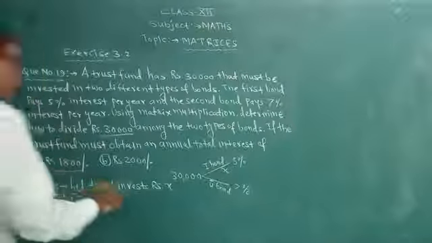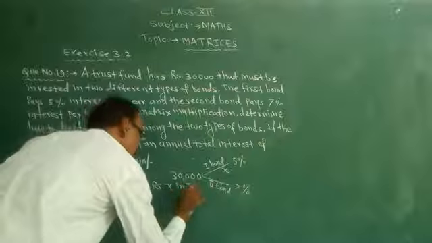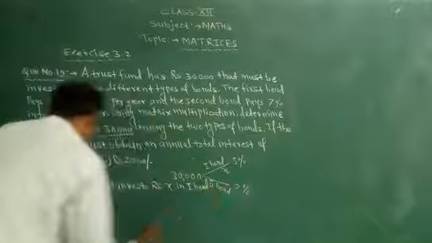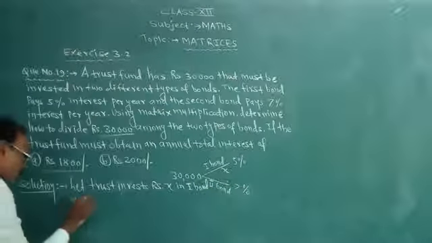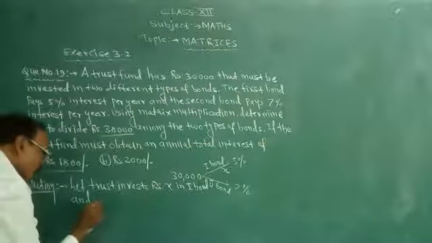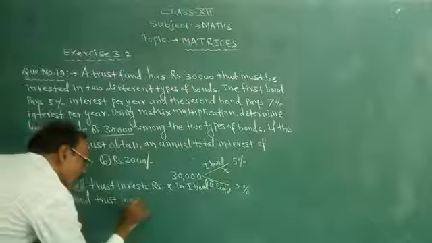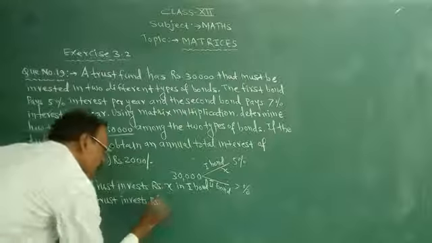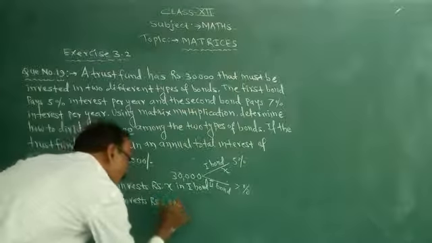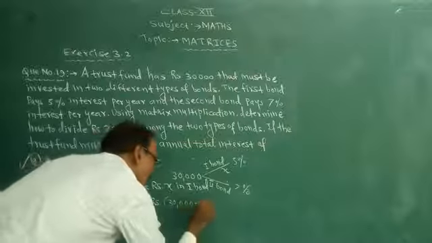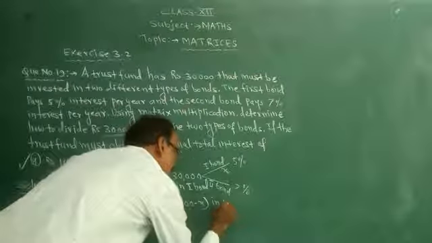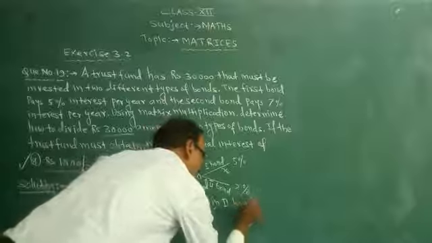Let trust invest rupees X in first bond and trust invest rupees 30,000 minus X in second bond.